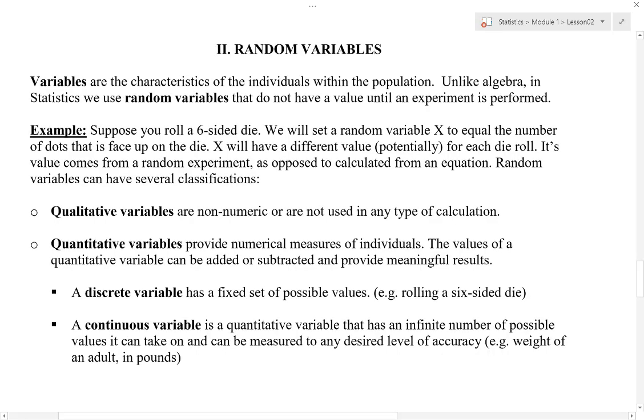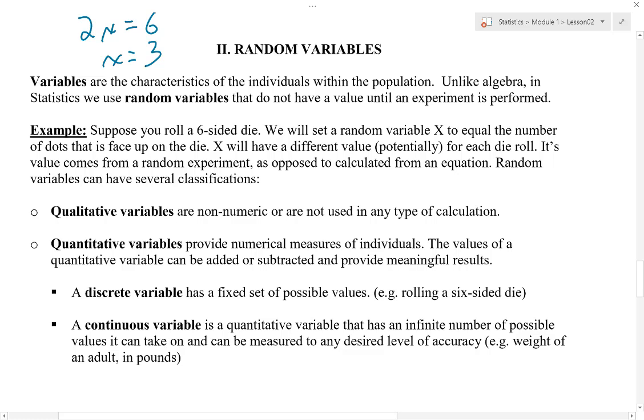Okay, the last topic of this lesson is on the idea of random variables. So you're used to seeing variables. You've probably seen variables if you've taken an algebra class. You're solving equations for variables. 2x equals 6. So this is how we're used to seeing variables. And I promised very little algebra, but I'm only doing this for demonstration purposes.